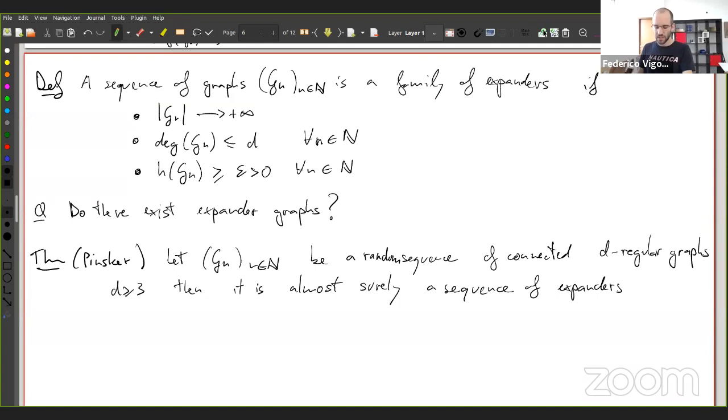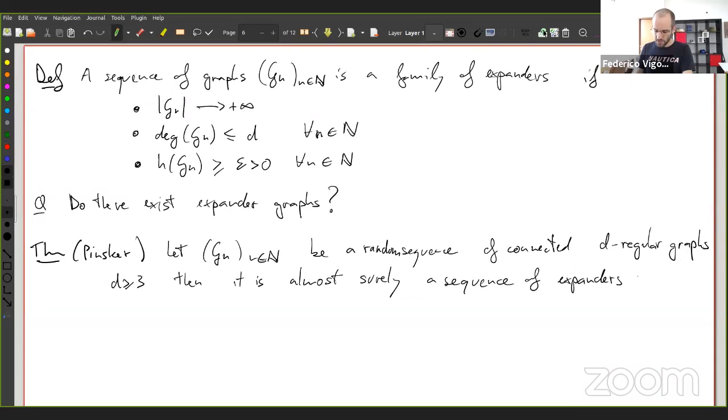This is one of those annoying situations where the generic object is what you're looking for, but if you're trying to construct one explicitly, that is very hard. In fact, we are only going to see an explicit construction tomorrow.